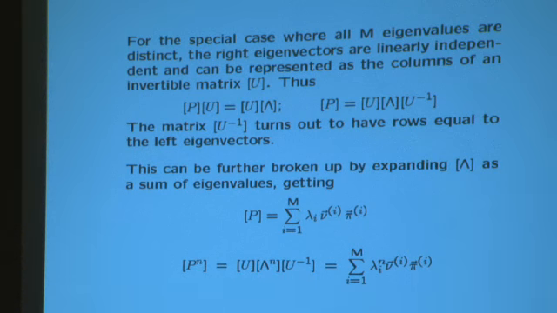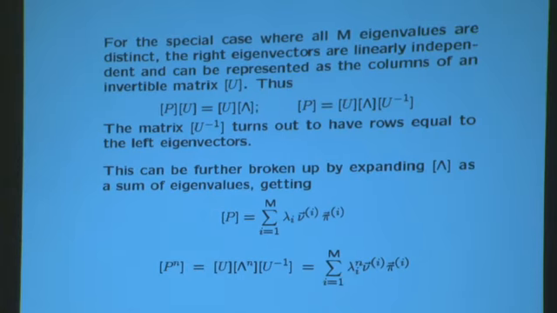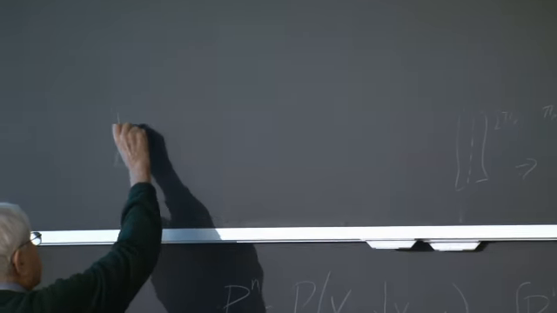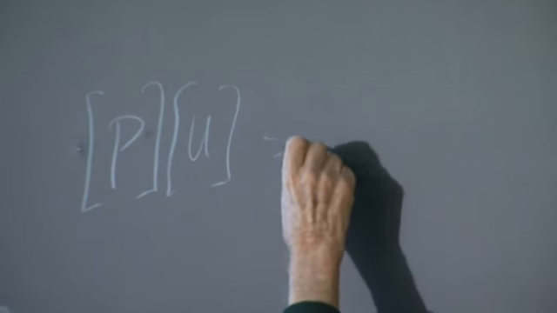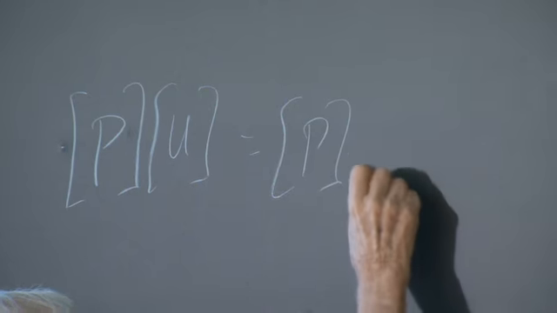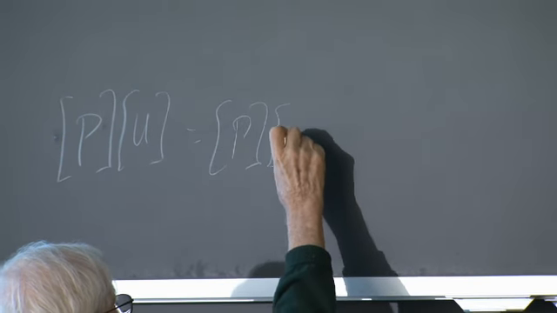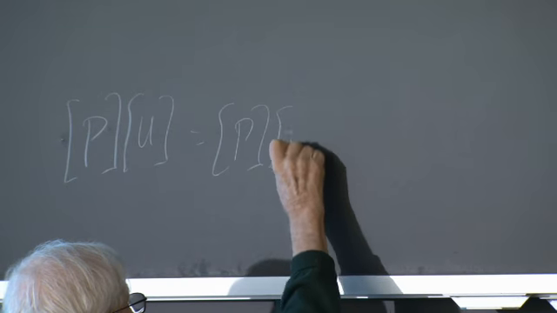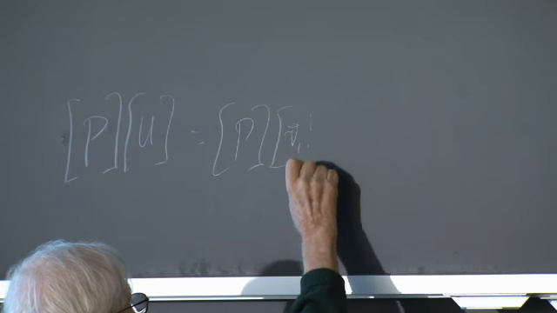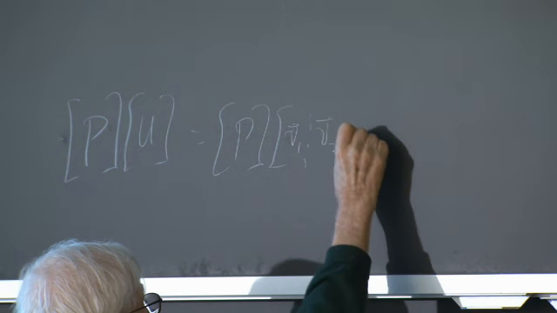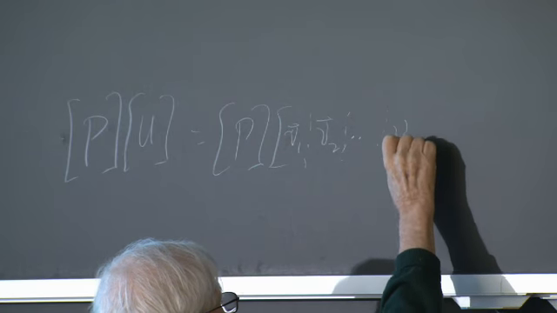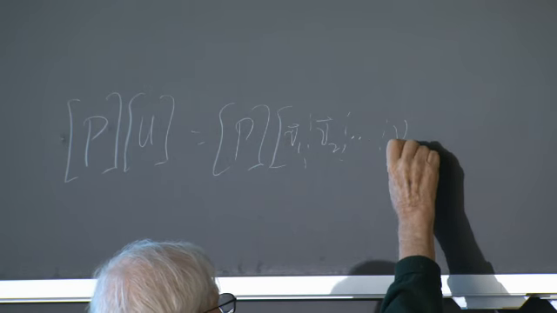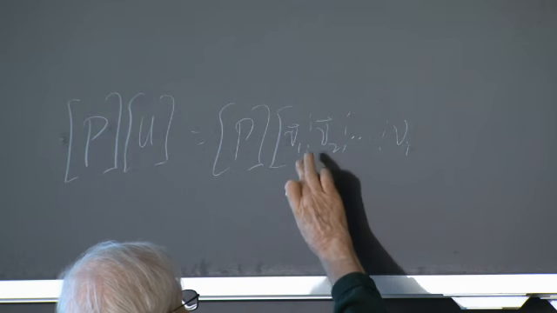What does this equation say? You split it up into a bunch of equations. P times U, and we look at it as nu 1, nu 2, up to nu m.